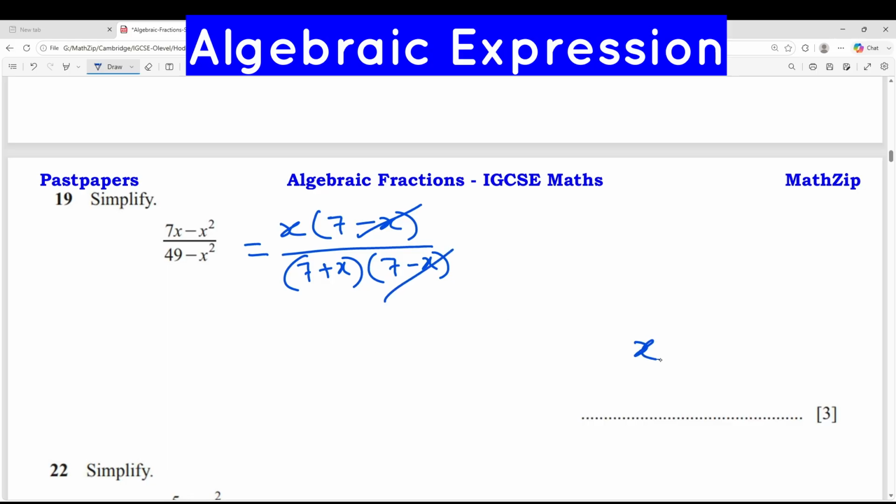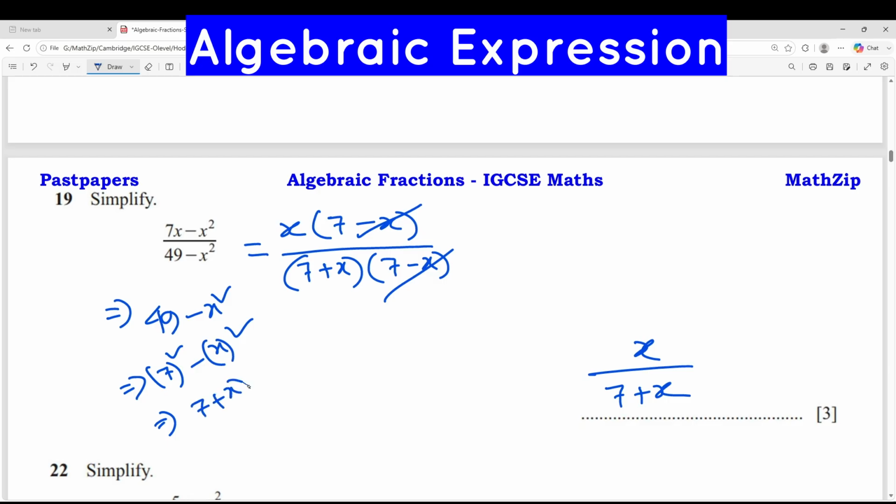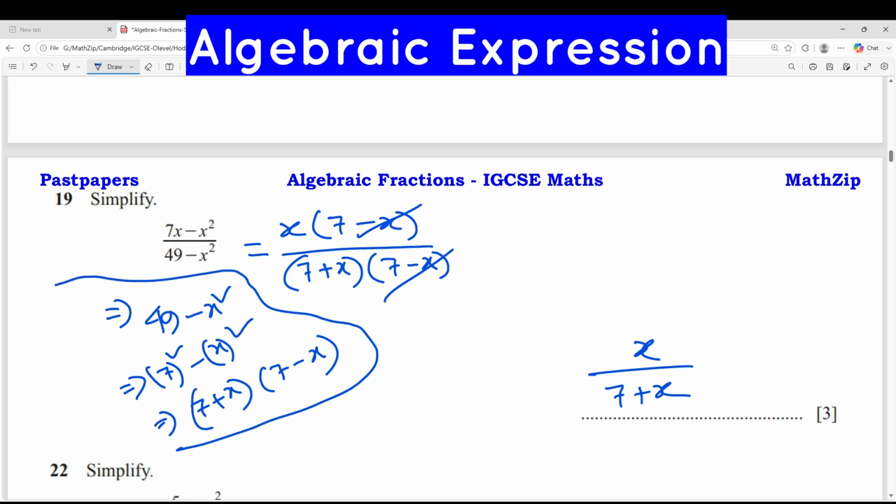Our answer will be x/(7 + x). Okay. Why we can make this one? We need to clarify this one, like 49 − x², it will be 7² − x². So it will be (7 + x) and (7 − x). Okay. It's just rough, no need to show in the examination.